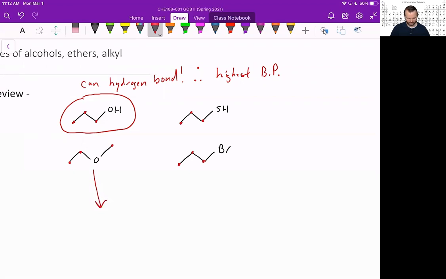Ethers and the other two can't hydrogen bond. None of them can hydrogen bond. The three that are remaining, ethers, thiols, and alkyl halides, are going to be less than alcohols.